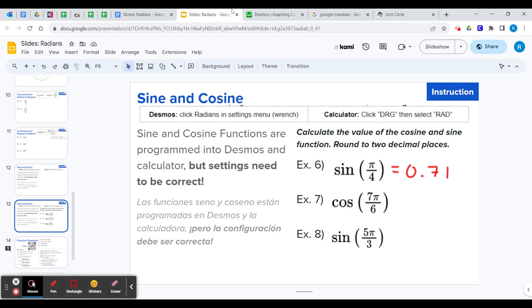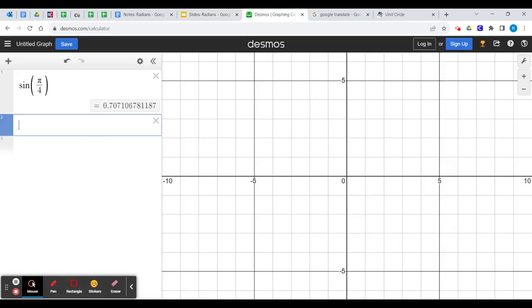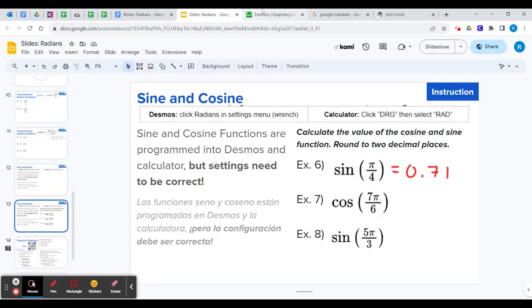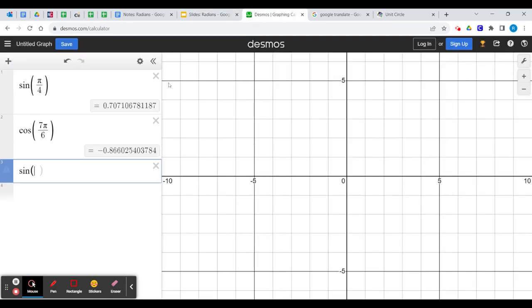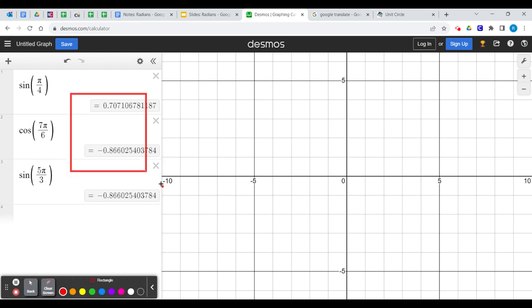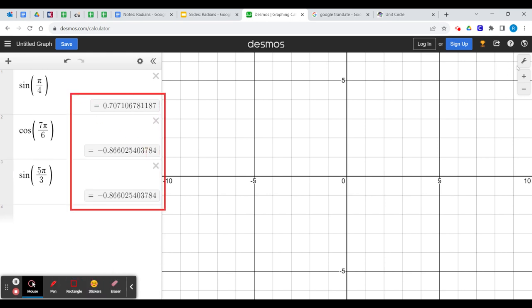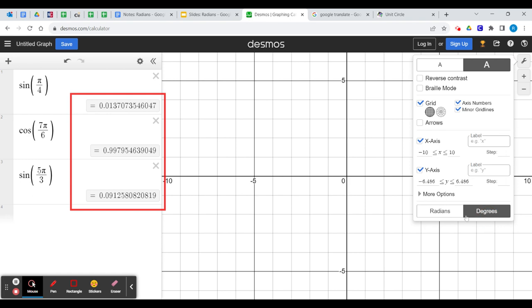Cosine of 7 pi over 6 and sine of 5 pi over 3. Cosine 7 pi divided by 6. And the last one is sine of 5 pi divided by 3. And again, look at all these values here. If I have this done incorrectly in my settings, all of the values change and they become very different.